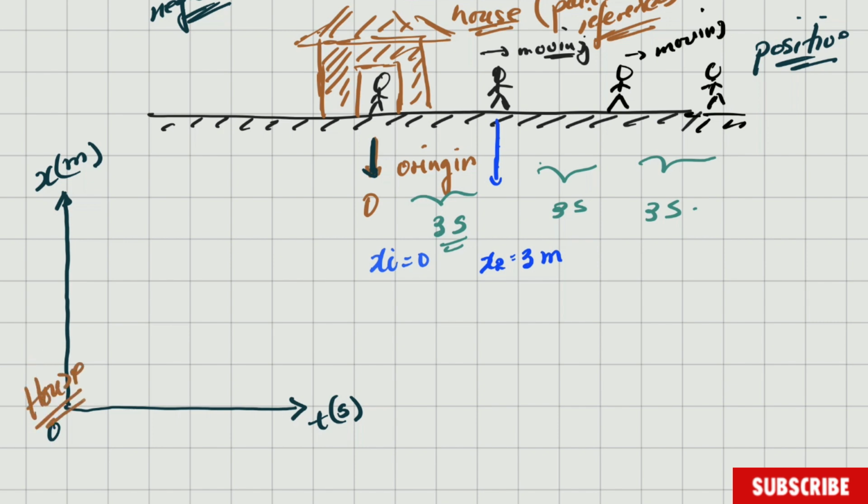But now I want you to understand something. The house is there, and this x-axis will define in what direction the object is moving from the house. So this whole x-axis represents the house and the direction in which the object is moving. This is very easy.